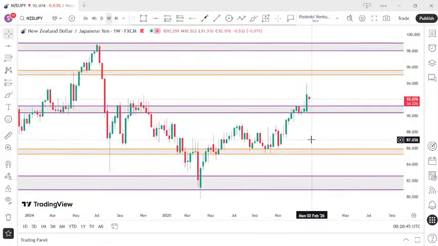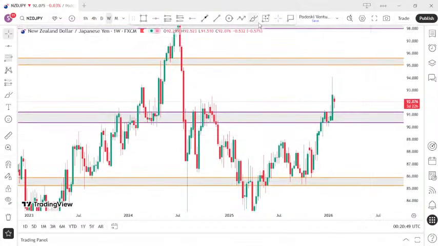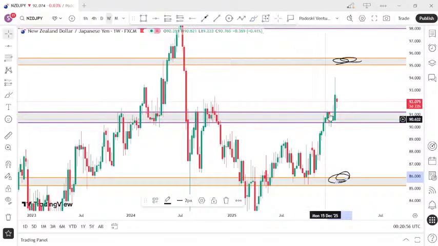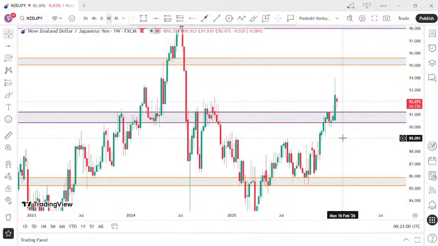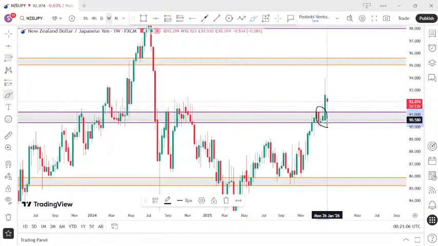I'll go over to the weekly chart, and on the weekly I have my weekly upper zone here and my weekly lower zone here. On the weekly, I'll clearly say the market will go to the upside because of how this candle formed over here. First, we saw a morning star.